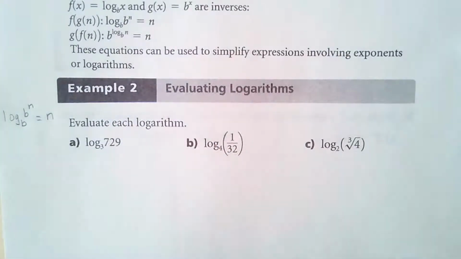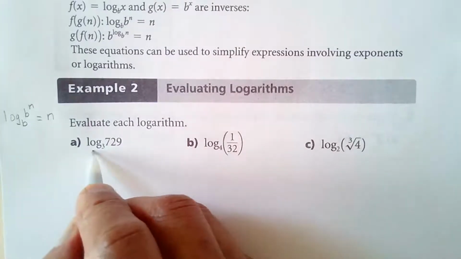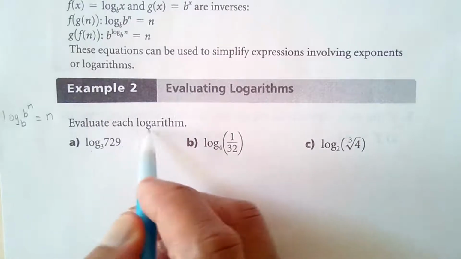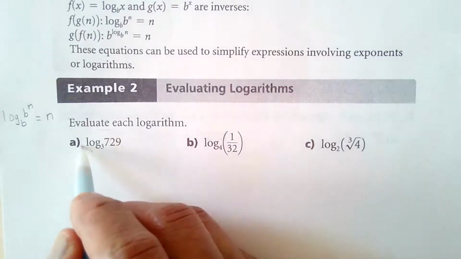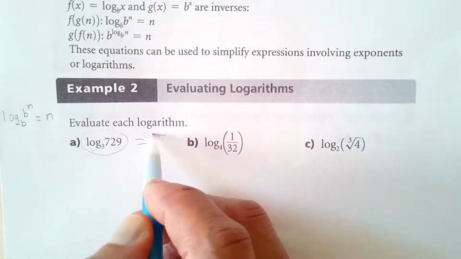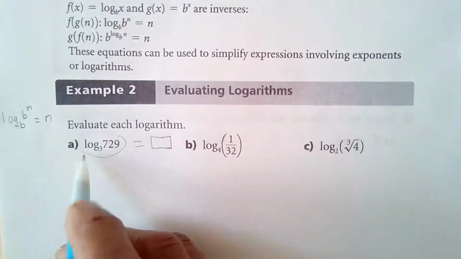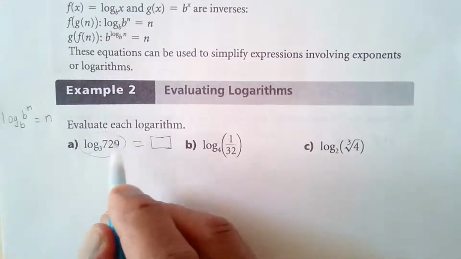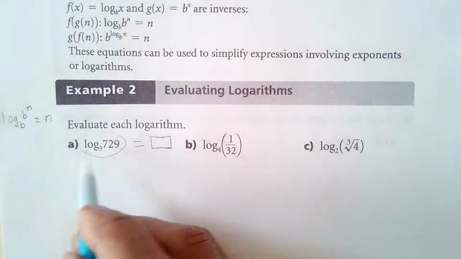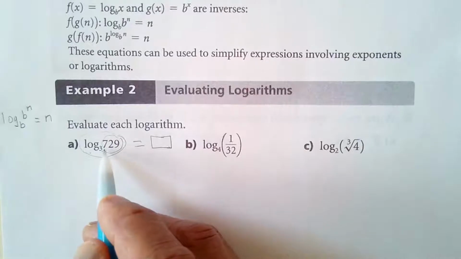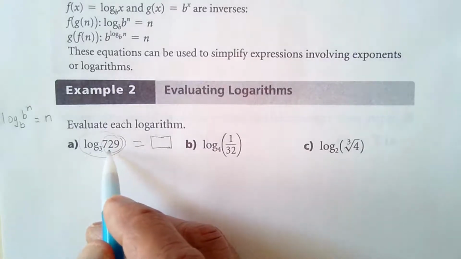So how do we go about doing this? First thing, we want to find an answer, evaluate it, find what this means. Now remember, we want base 3. We want to write 729 now as a power of 3.